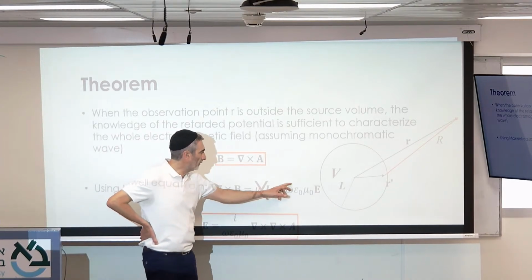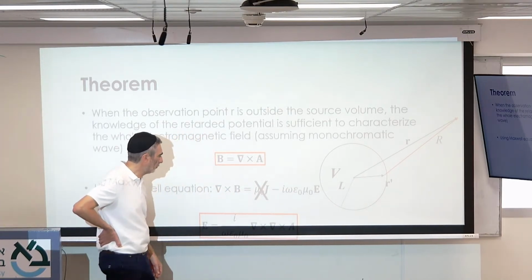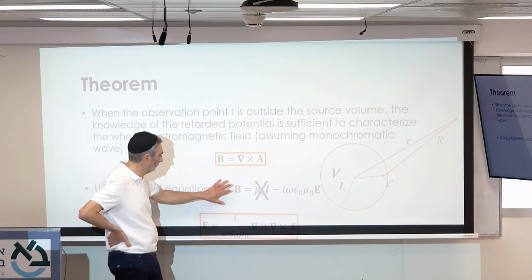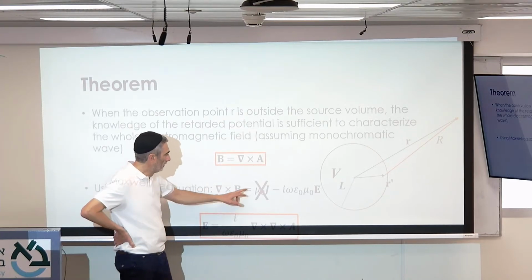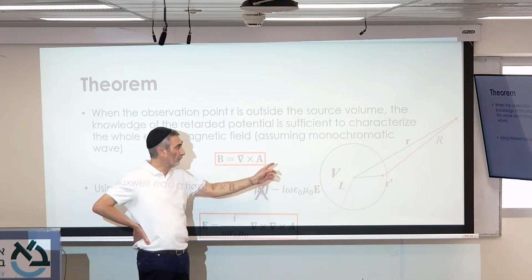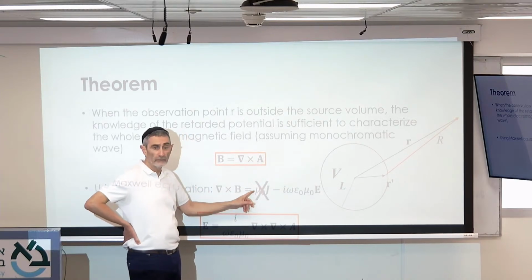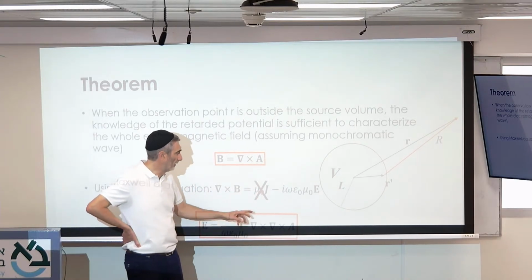Here I consider a monochromatic field. So the rotational of B: we are outside the volume here, so there is no current, and I can eliminate that term.